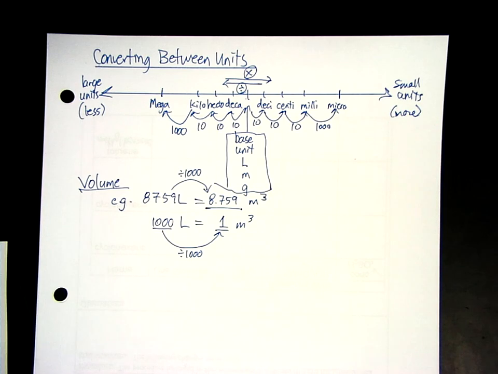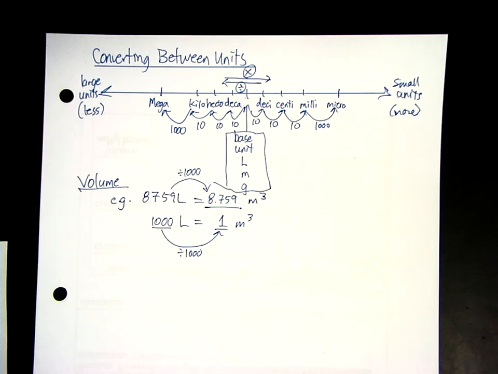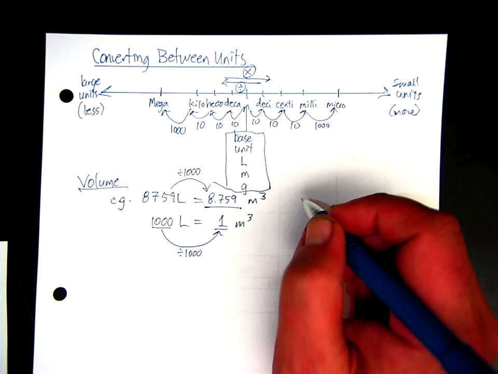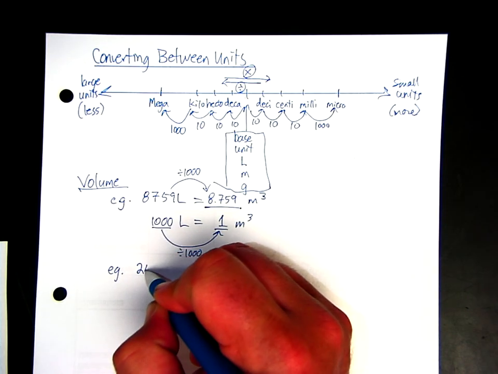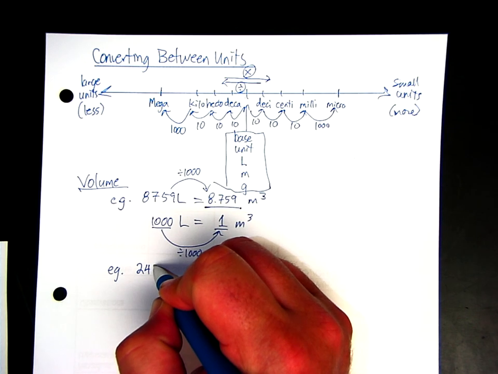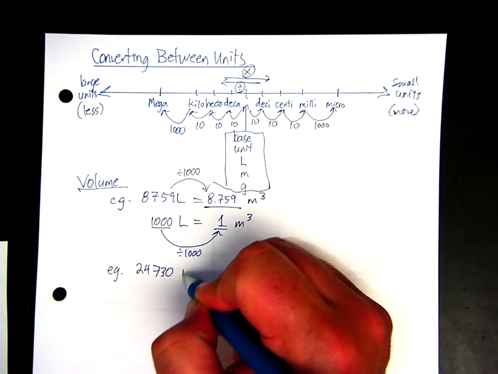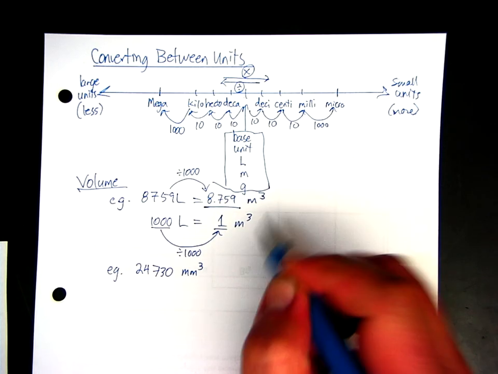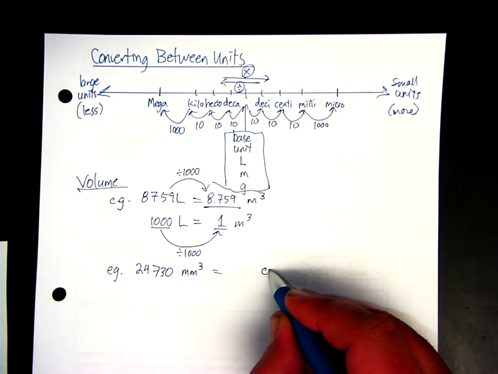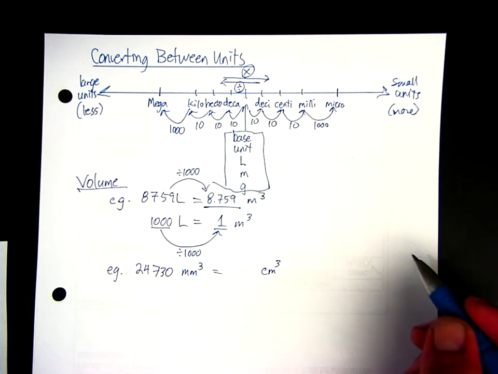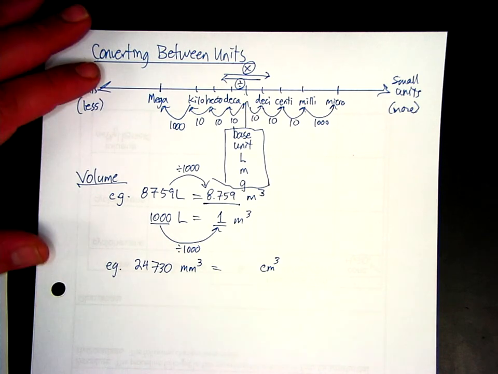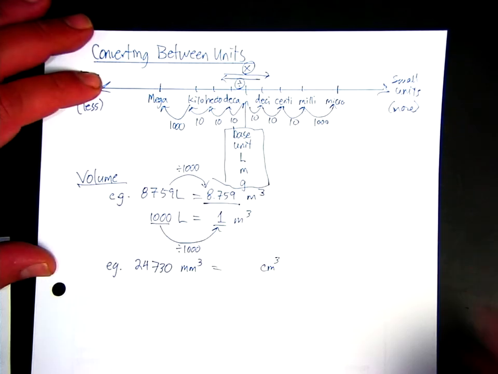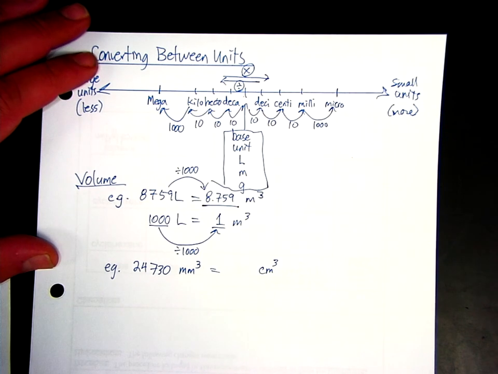Now I'm going to do a harder one here. 24,730 millimeters cubed, and I want to turn it into centimeters cubed. Now this is where we will get ourselves into trouble if we don't recognize that these are going to have different changes than the linear measurements.